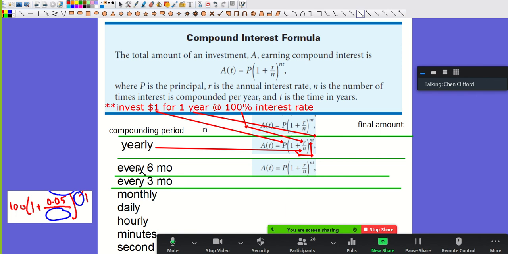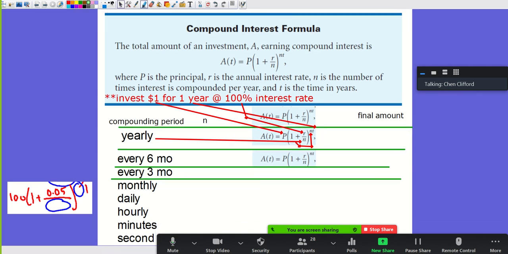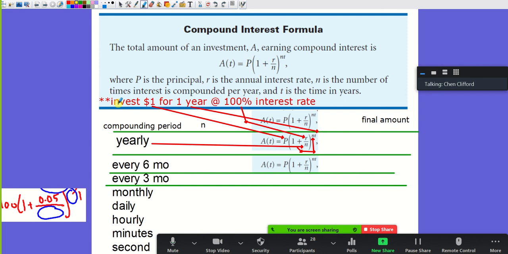Every 6 months, for all of these going all the way down the list, the P, the R, the T, the Paul, the Ryan, the Toms all stay the same because this is fixed, this is given. The P, the T, the R stay the same because this is what's given in the problem.